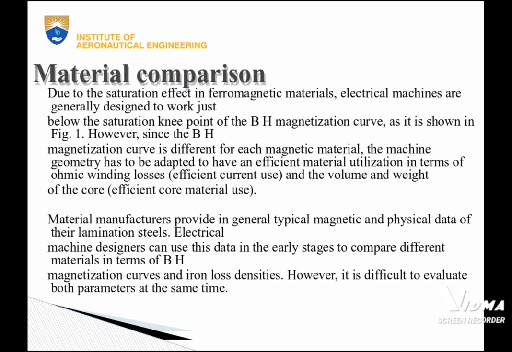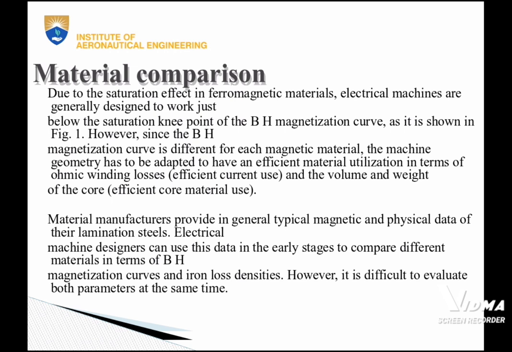Material comparison. Due to the saturation effects in ferromagnetic materials, electrical machines are generally designed to work just below the knee point of the BH magnetization curves, as shown in Figure 1.